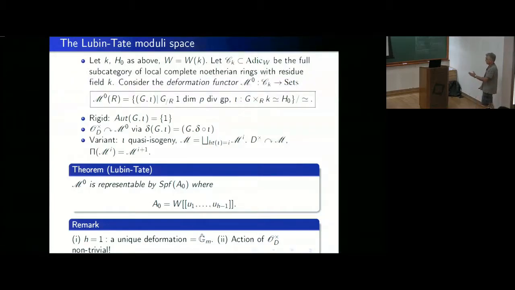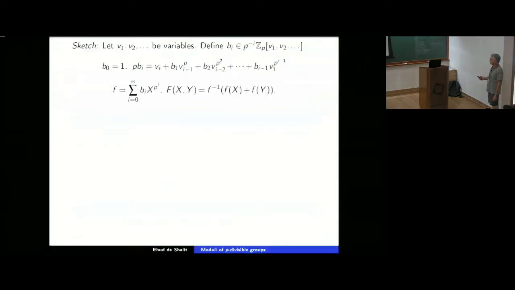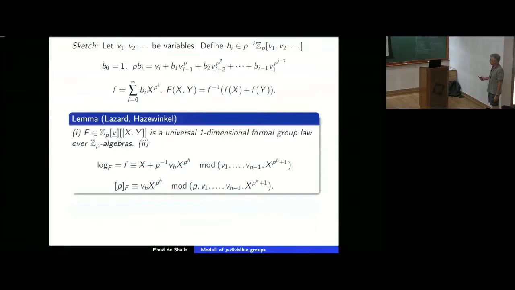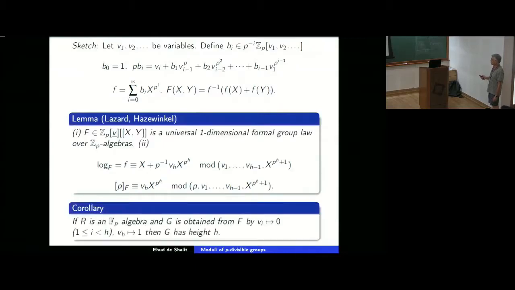You see, if you plug in for u_1 up to u_{h-1} numbers in a ring equipped with a complete valuation, of absolute value less than 1, then any such power series will converge. And we briefly went over the proof, which was based on this idea of Hazewinkel and Lazard of a universal one-dimensional formal group law.